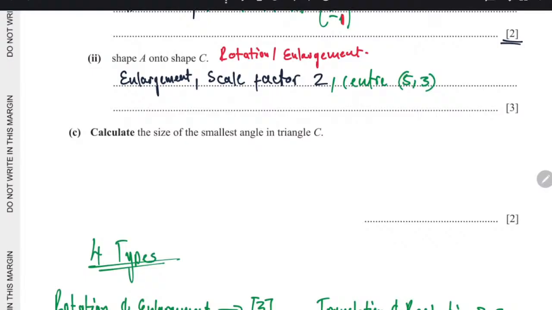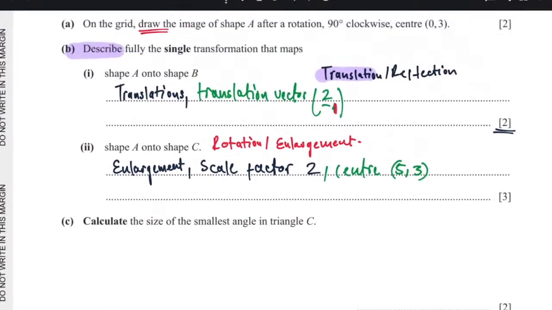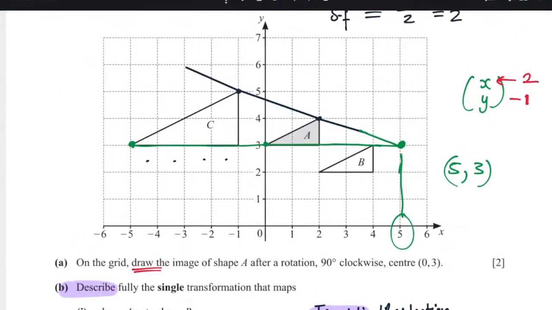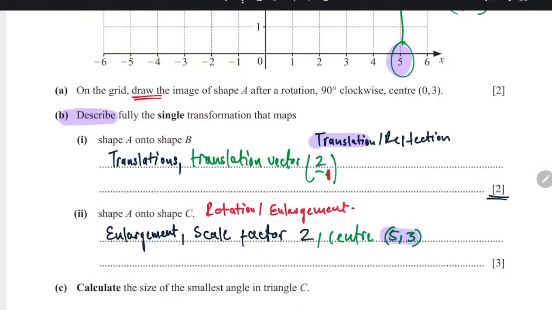Are we together? You saw how we got the center. You look down on x to see what value it is. Then you look on the y to see what value it is. You put the x, you put the y. Those are the coordinates of the center.